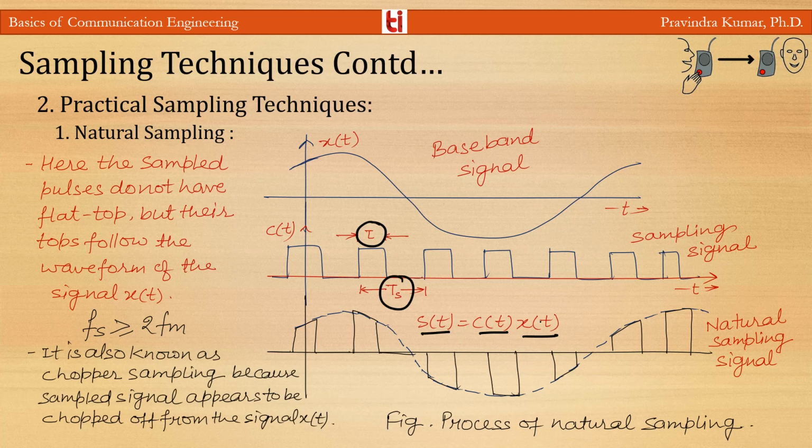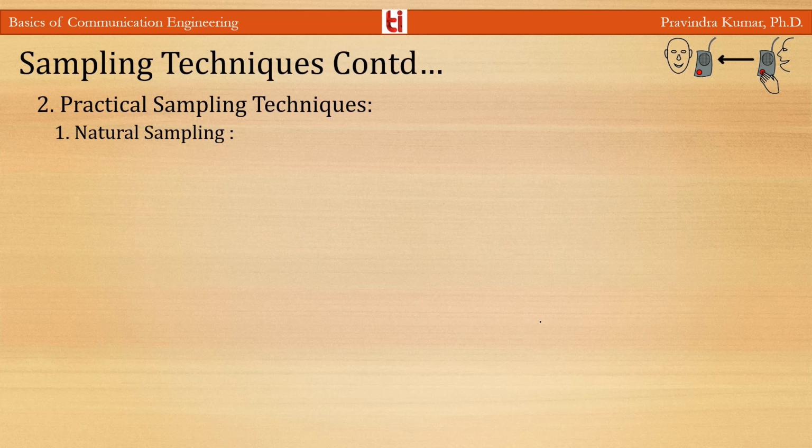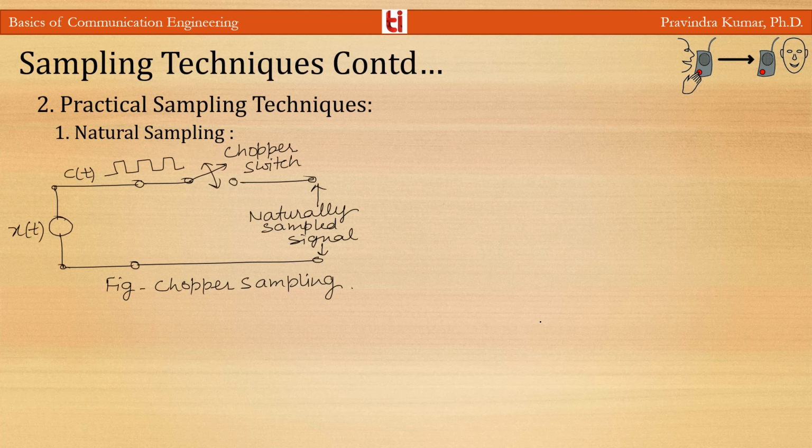Natural sampling is sometimes known as chopper sampling, because the waveform of the sampled signal appears to be chopped off from the continuous time signal x(t). The circuit for natural sampling is in the figure, where the chopper switch is operated by the sampling function c(t), a train of pulses.